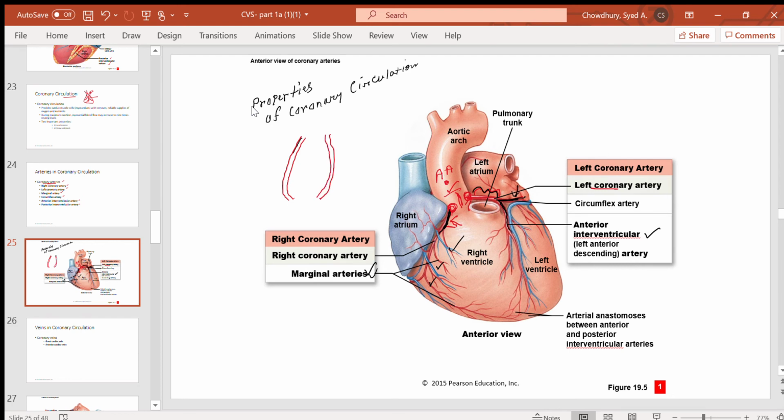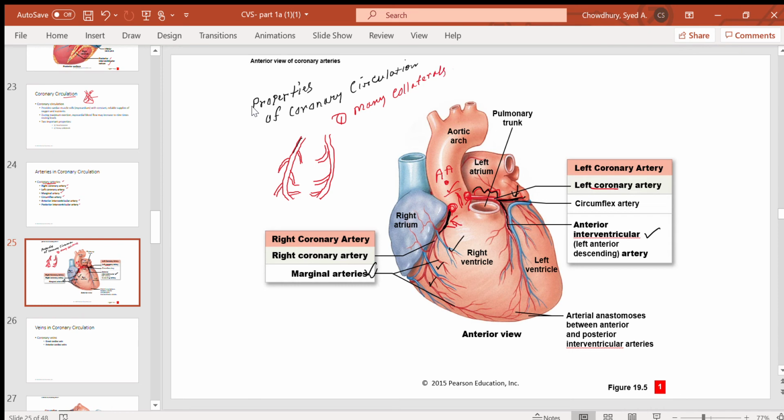If you look at those coronary arteries, you will see many collateral branches, like many branches from the sides arise like this. So number one important property is many collaterals.